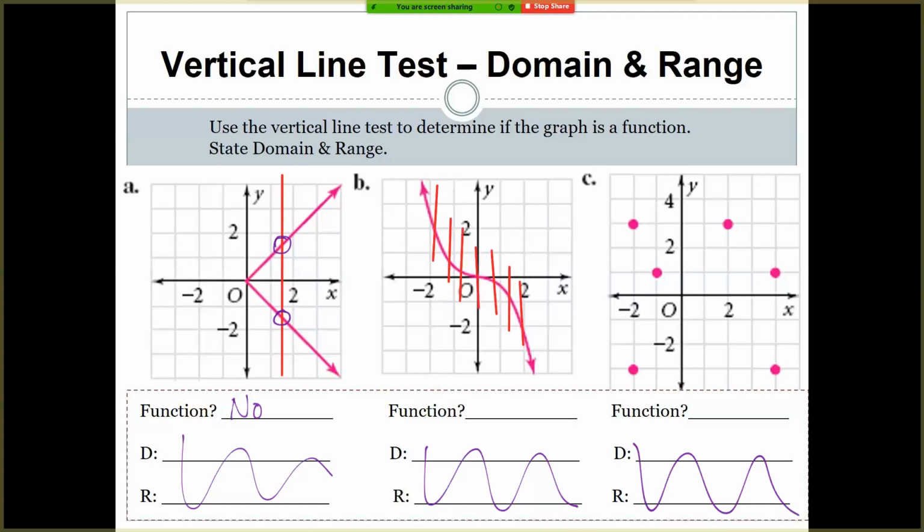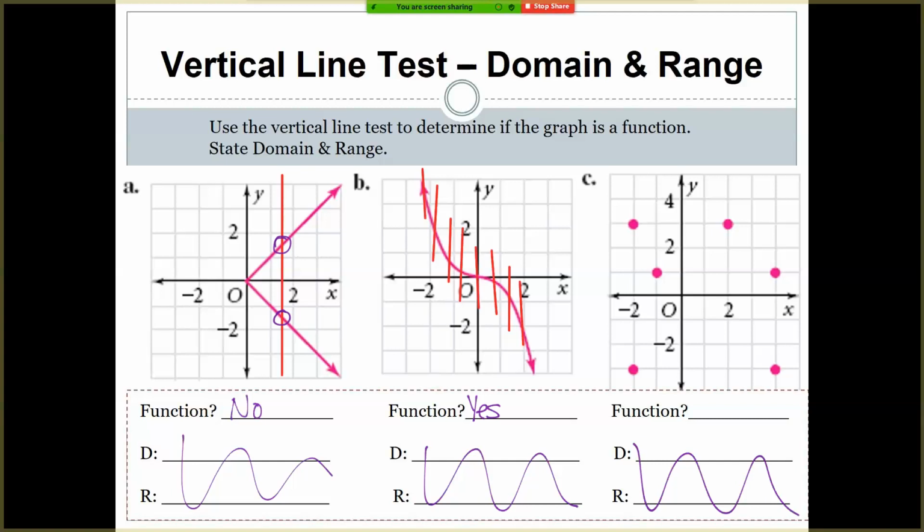None of those vertical lines are crossing through my graph more than once. Oops, that one missed, but you get the gist. So yes, this one is a function. I can pick those vertical lines up and move them anywhere on my graph and not get one to cross more than once.